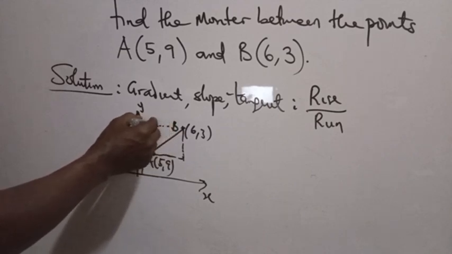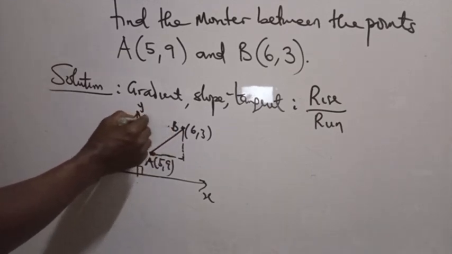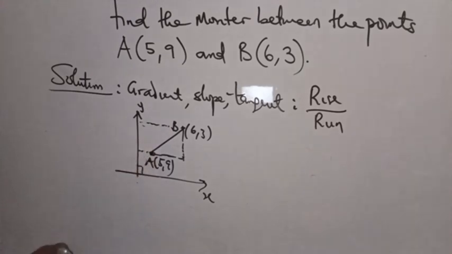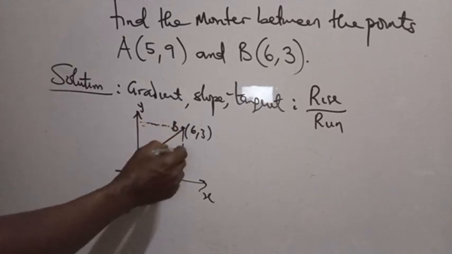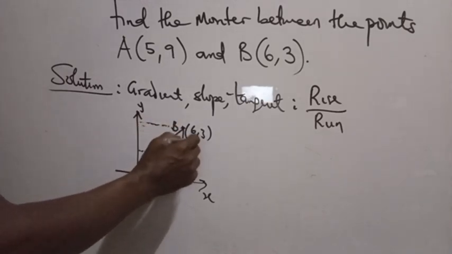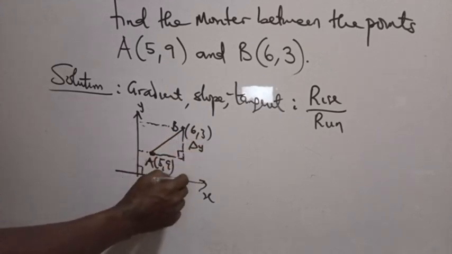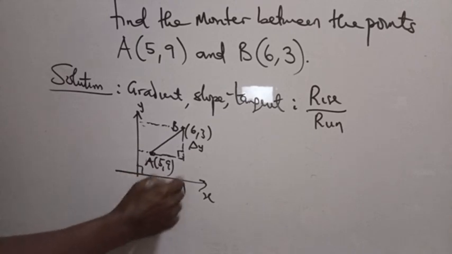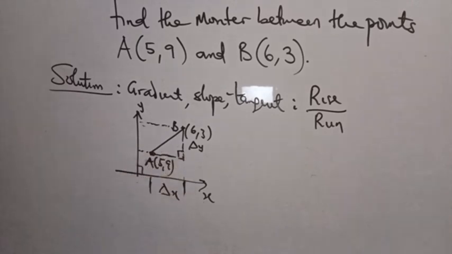The rise over run. Okay, good. Okay, extrapolate. So we want to find this slope. So this is the change in y, and this is the what? Change in x. Okay, from here to here. So that's change in x.